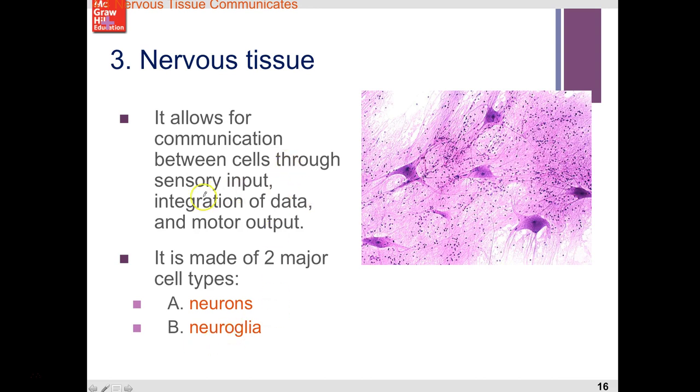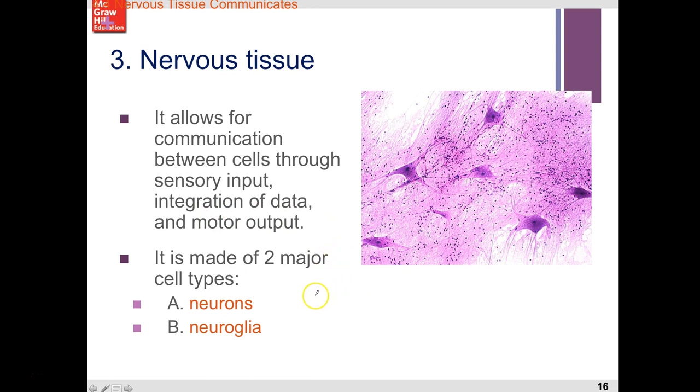And our integration of data means that we're giving that information to our brain, or maybe it's a reflex within our spinal cord, and that's allowing our body to respond in a certain way, and that's going to be our motor output.